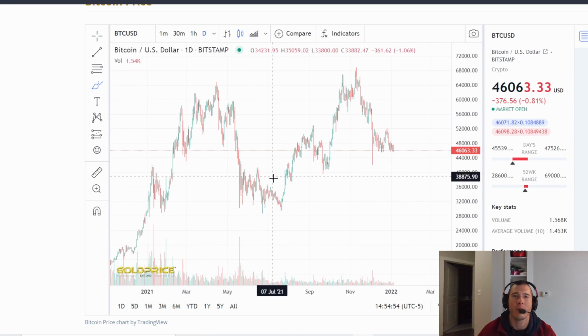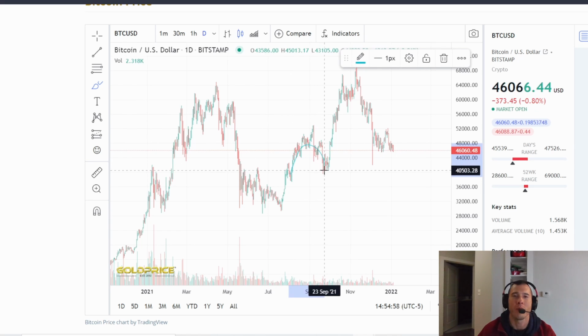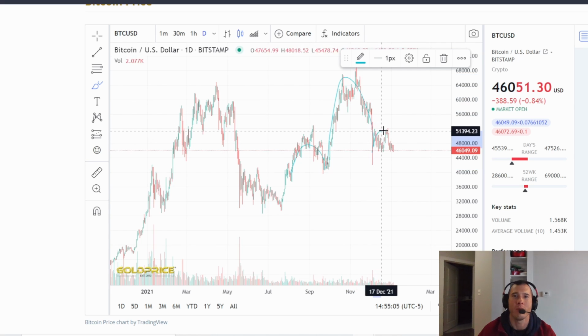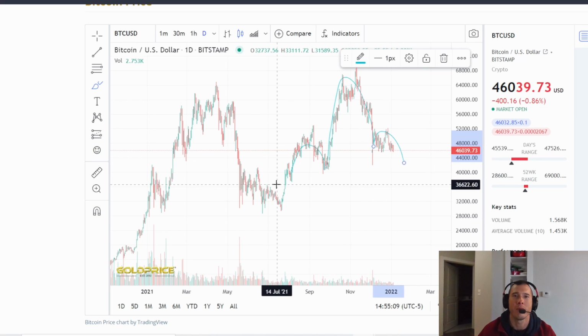And the last time I had mentioned a head and shoulders for the crow chart, an inverse head and shoulders, it played out pretty much the way I thought it would, a little bit more even. I don't know why, but for some reason, head and shoulders tend to be one of the patterns that play out more often than not, as far as I've noticed.